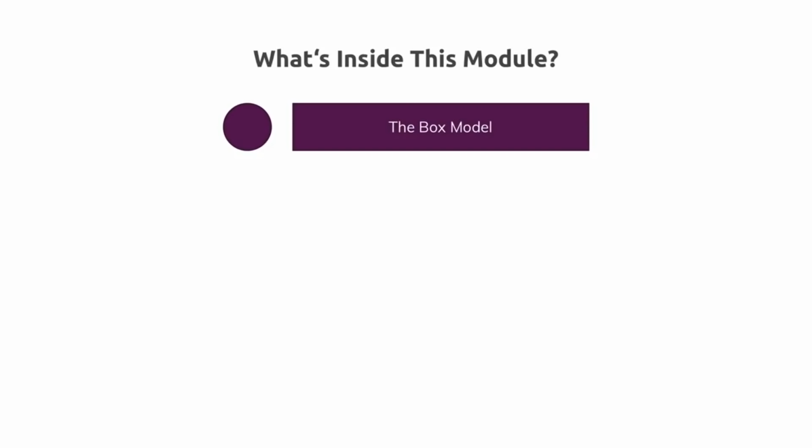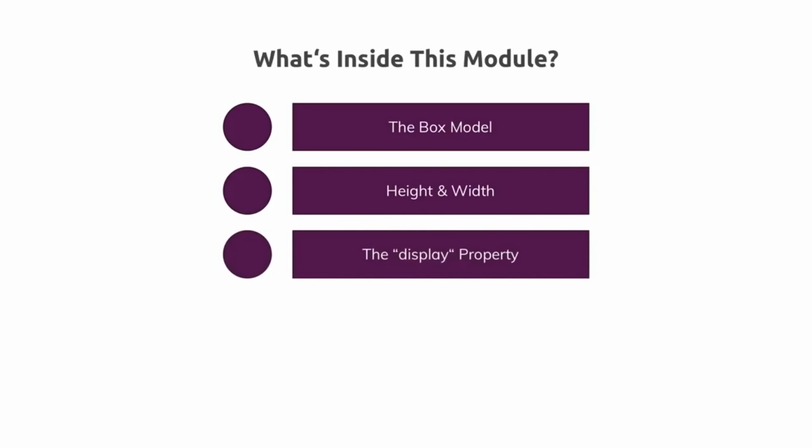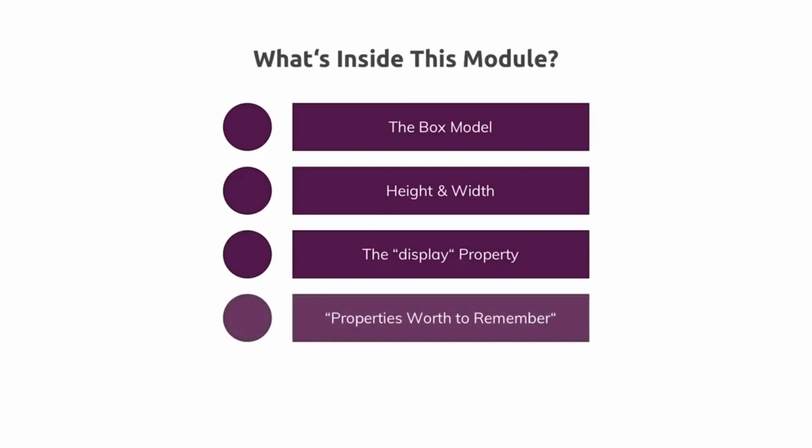We'll then have a look at how we can actually change the height and width of elements. We'll have a look at the display property, which helps us with layouting our page and positioning elements next to each other, for example. And we'll also dive into properties worth to remember. I mentioned that there is this complete reference of properties and CSS features, which you can always consult if you want to dive deeper.